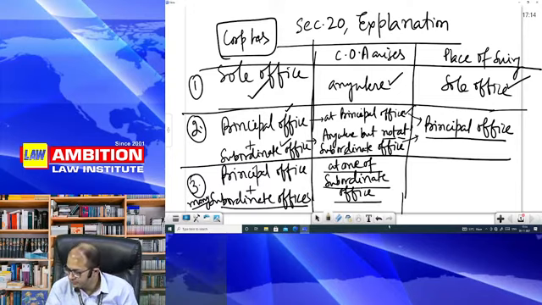Now, suit in respect of contract. Section 20 has already clarified this, but I must tell you: number one, the place where the contract was made; number two, the place where the contract was to be performed; and the place where payment of money was to be made.